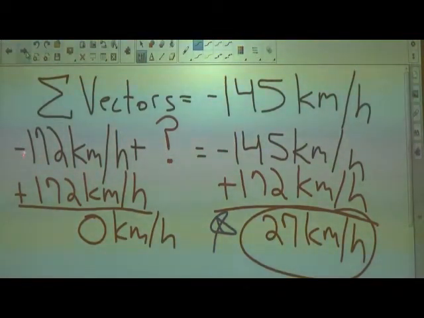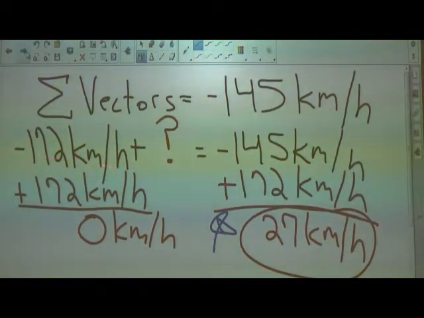We know the pilot recorded negative 172 kilometers per hour. The negative is because the pilot's going south. Then you add it to another vector that will give you the negative 145 kilometers per hour. So I want to know what this vector is right here. I could have made this into some letter to represent it, but I just left it as a question mark.